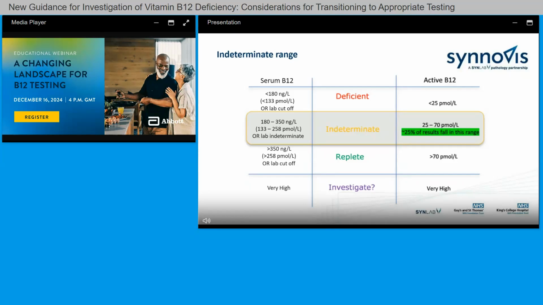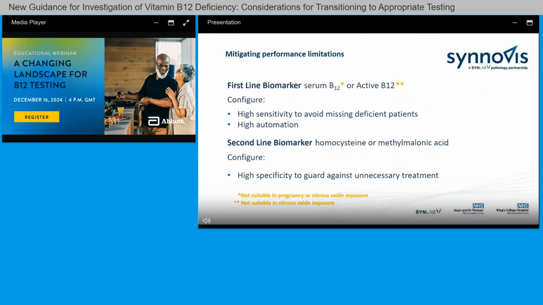But what do we do about the indeterminate range? Well, some laboratories, including my own since 2012, have adopted a multi-marker approach. And in fact, in the National Institute for Health and Care Excellence guidance that was published in the UK this year, this is an approach that the guidance recommends.